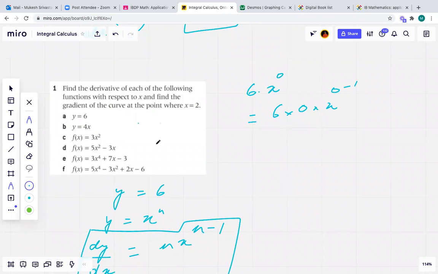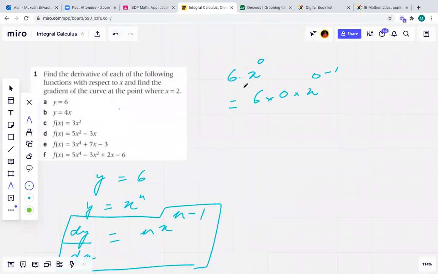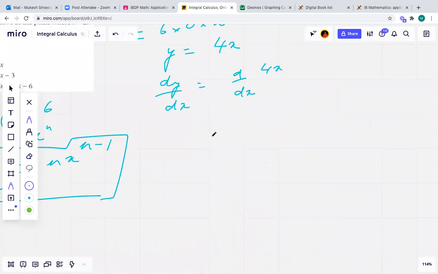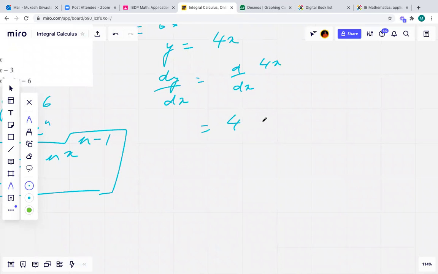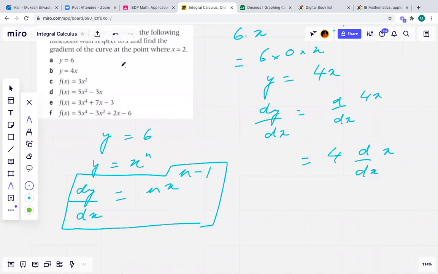Now y equal to 4x. Then 4 will come down. So dy by dx is d by dx of 4x, which is equal to 4 times the derivative of x, which is 1, so 4. Okay.